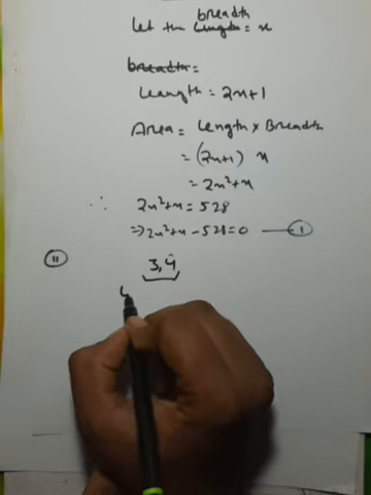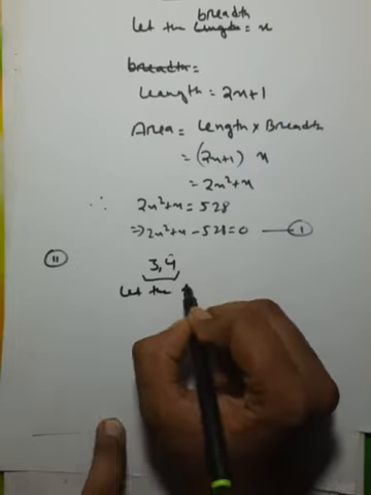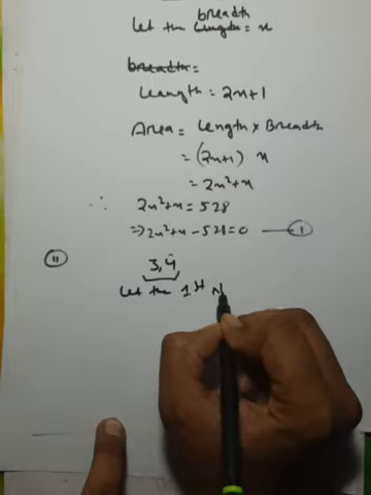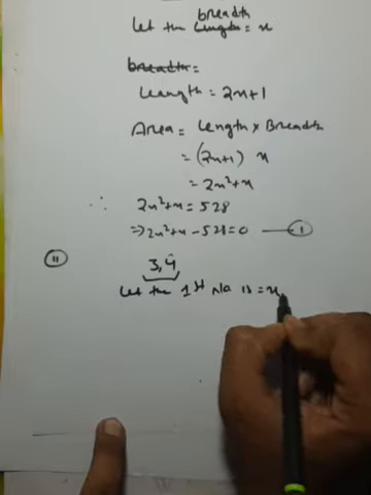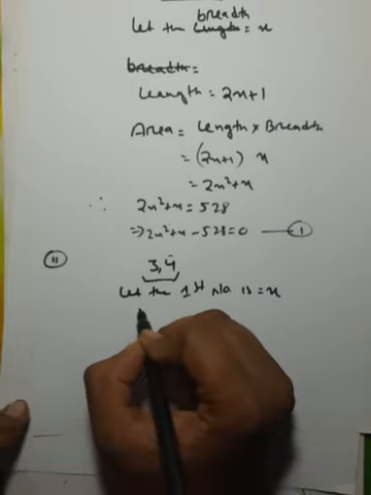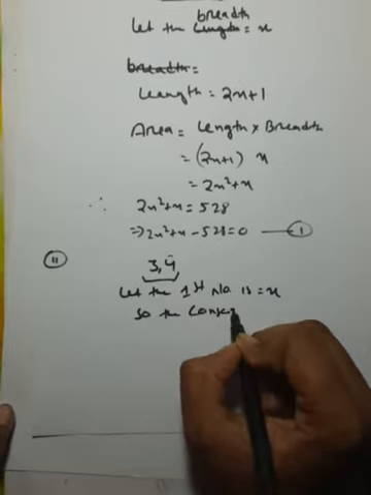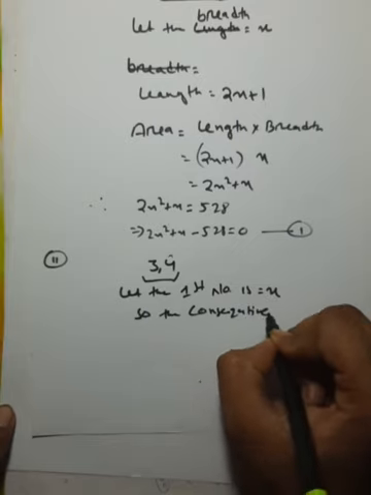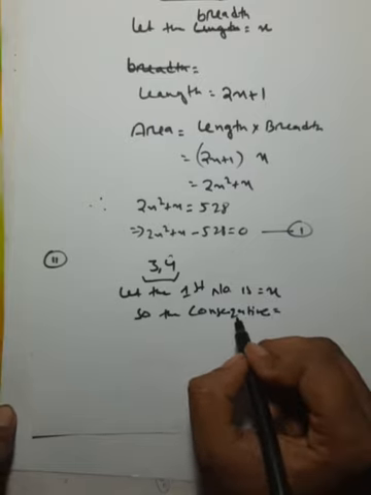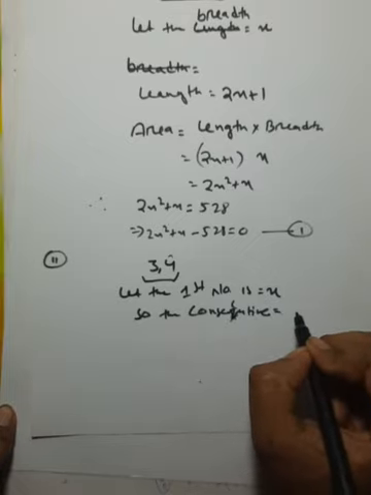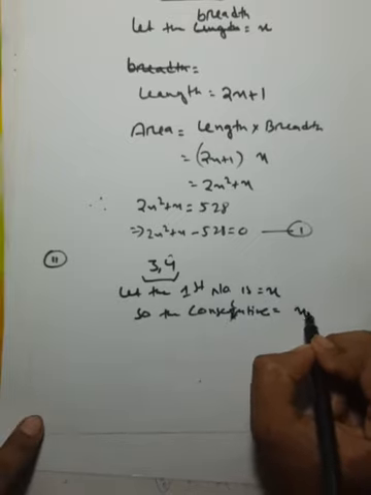Okay, so let the first number be x. So the consecutive number will be x plus 1.